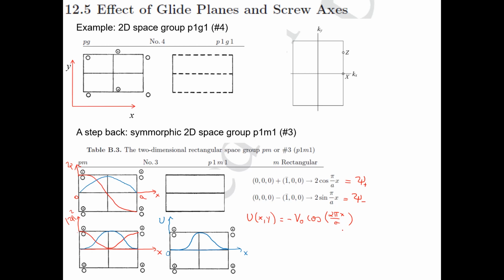So minus cosine and sine up to a constant are basically the same function.